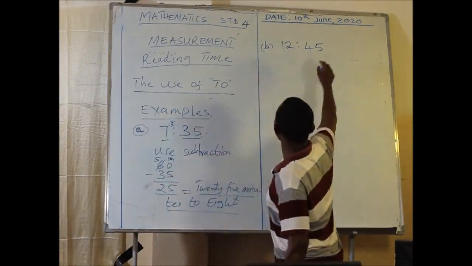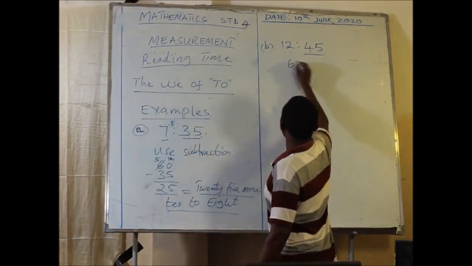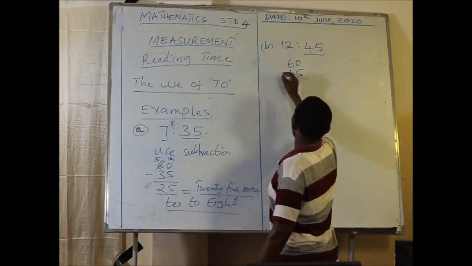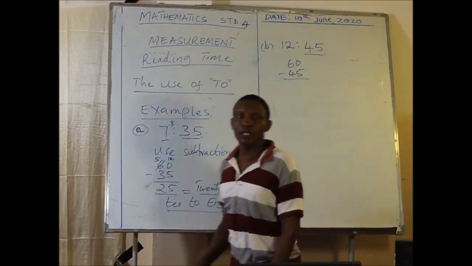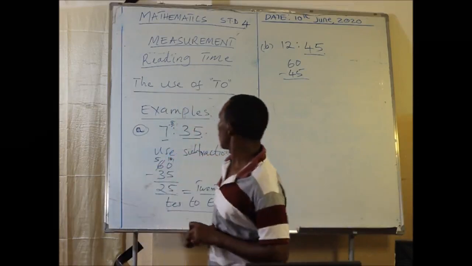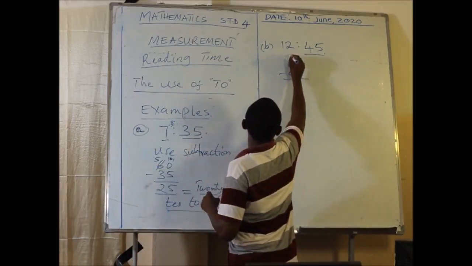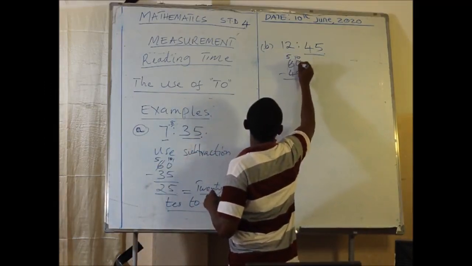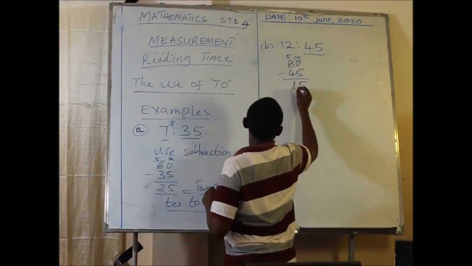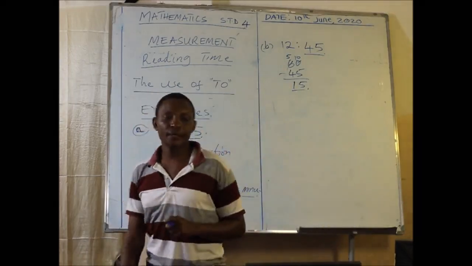How can you get the remaining minutes? You subtract these minutes from 60 minutes. Borrowing 1, 0 becomes 10, 10 take away 5 remains 5, then 6 take away 4 remains 1. Now we have 15 minutes remaining.